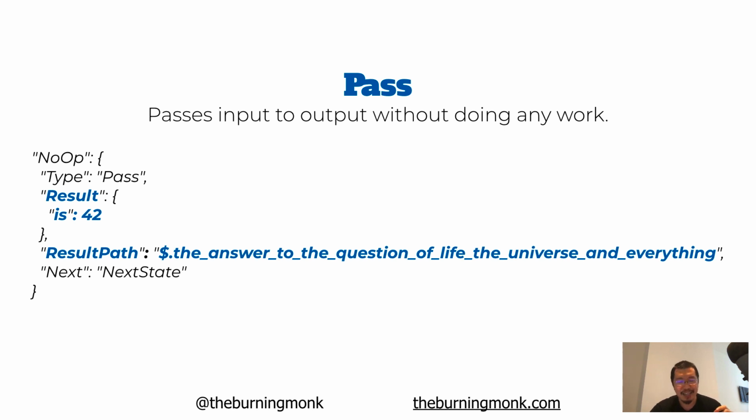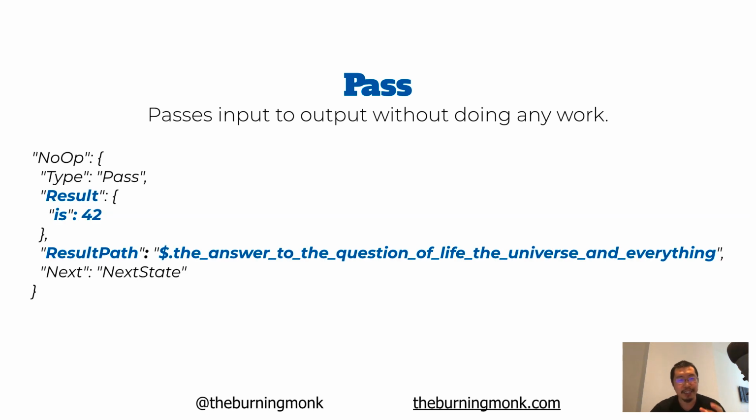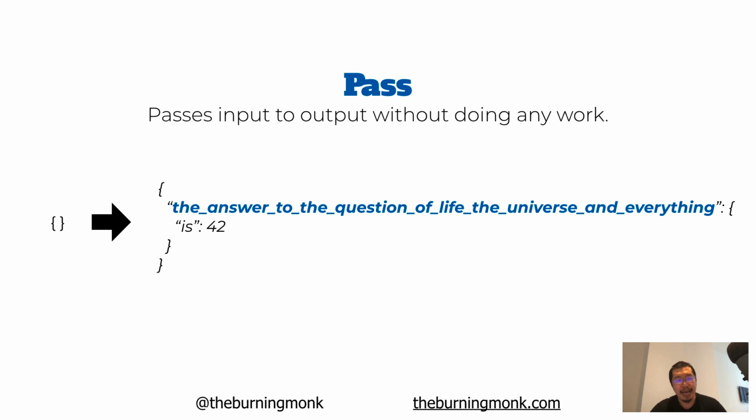If the current input is just an empty object, then by running this pass state, you're going to add another attribute to our current execution state, so that it gets propagated onto the next step in the workflow.